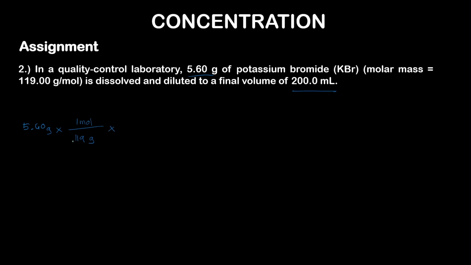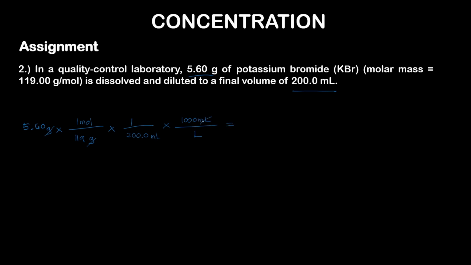Next, now we get the mole, right? So we can cancel this. We want the liter of solution, and we were given ml again, so let's convert that to liters. 1000 ml is 1 liter.